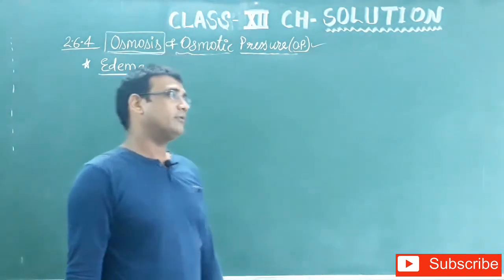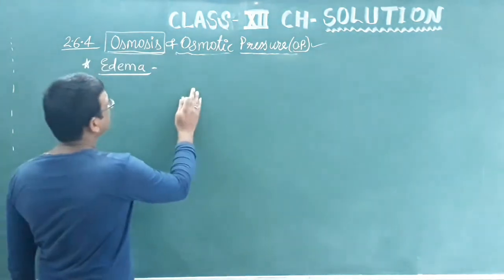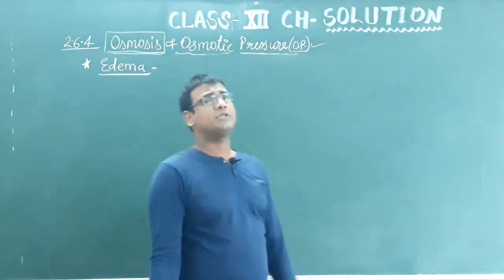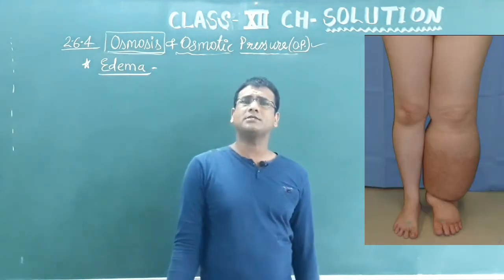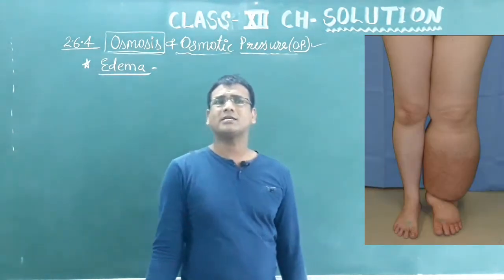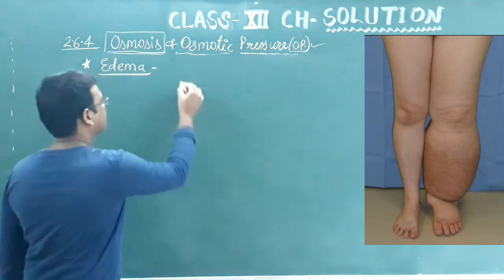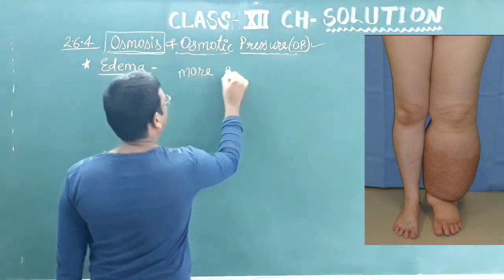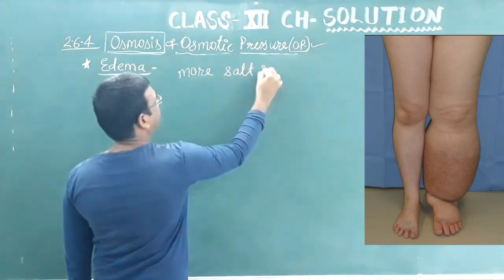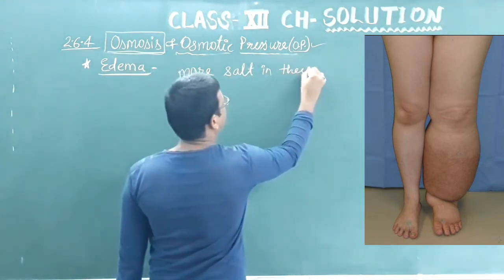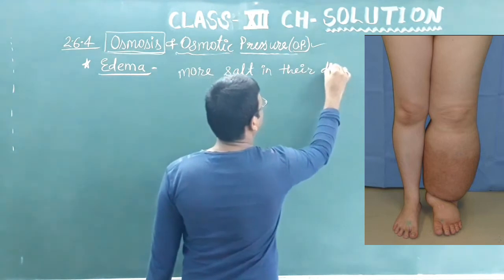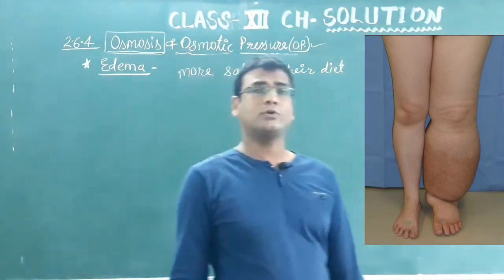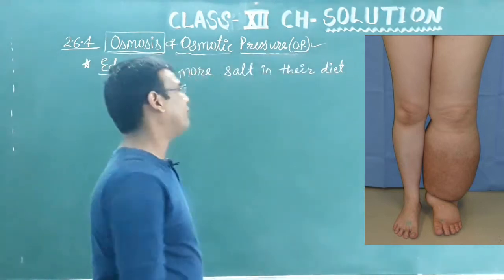And next, what is edema? Edema means what? See, those persons who are taking extra salt or more salt in their diet, what happens? The concentration is more. Then with what will happen?